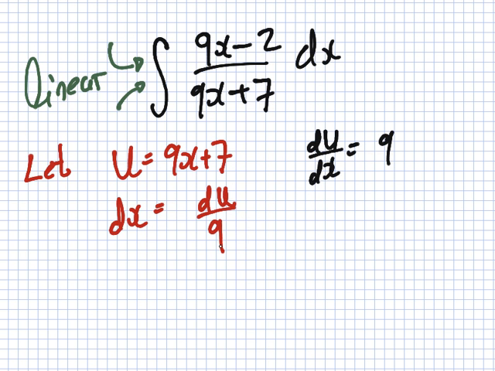But later it will be useful to have, okay, so before I continue with that sentence, at the moment we have u in terms of x. It will be useful for later to have x in terms of u. So just rearranging this, I can say also that x must equal u minus 7 over 9.